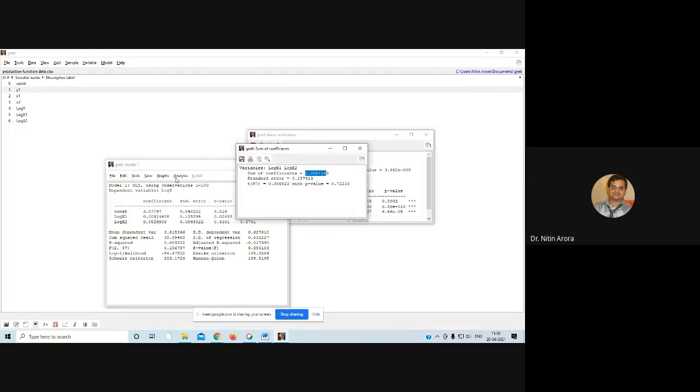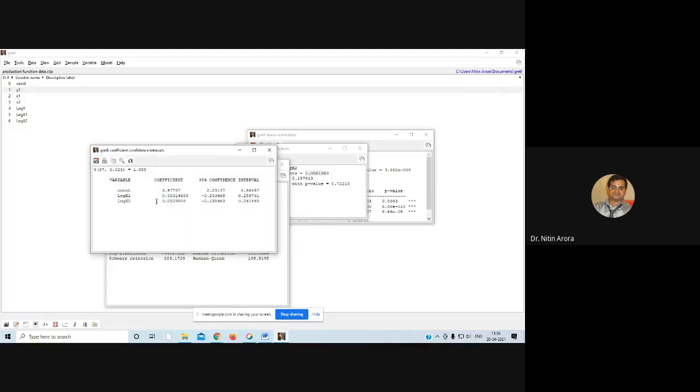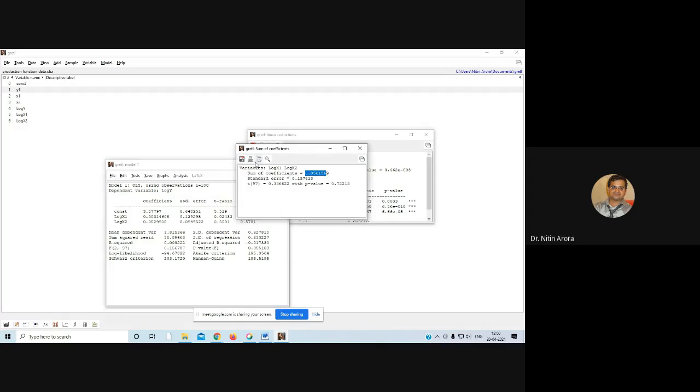We can observe this through the confidence interval. See the confidence interval. Okay, sir, the confidence interval is very low. So just to see whether the sum of two coefficients is zero or not, whether the two inputs are contributing significantly to output or not, I am using this test.